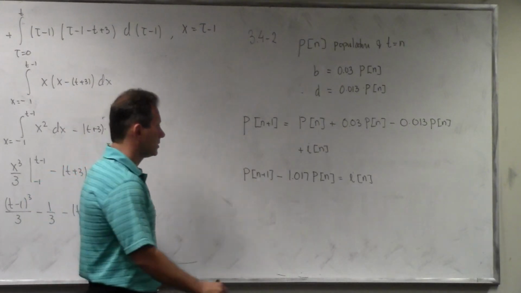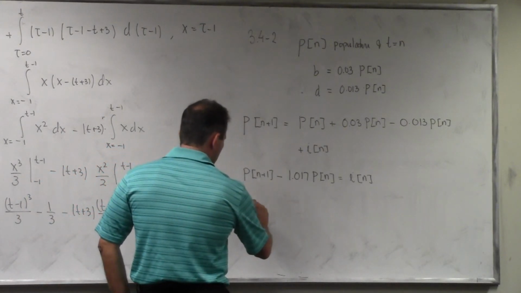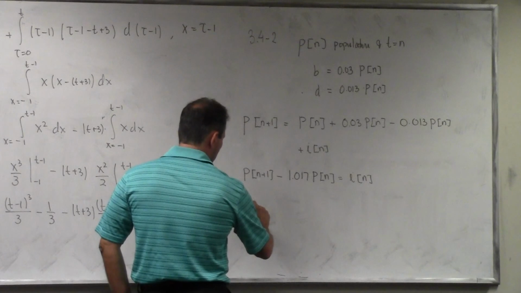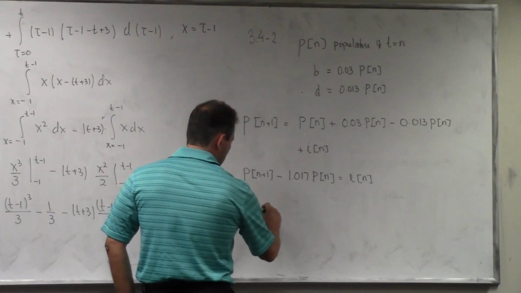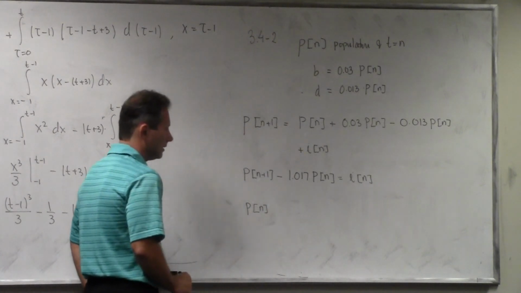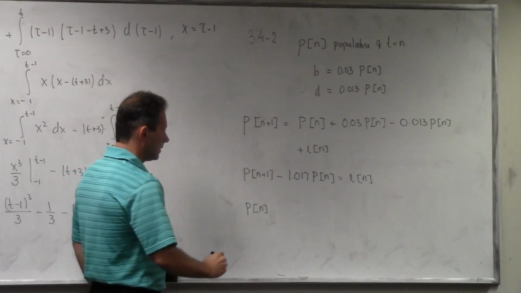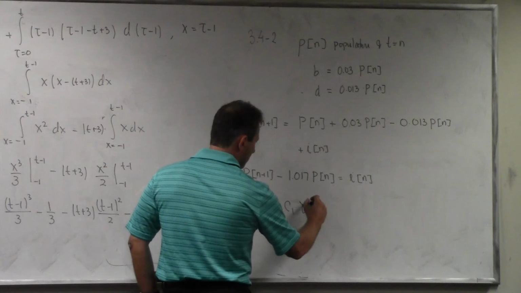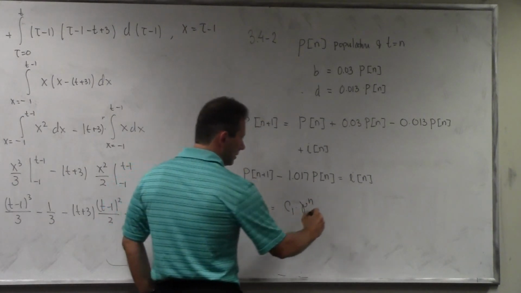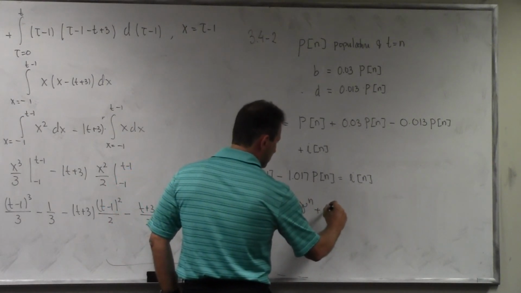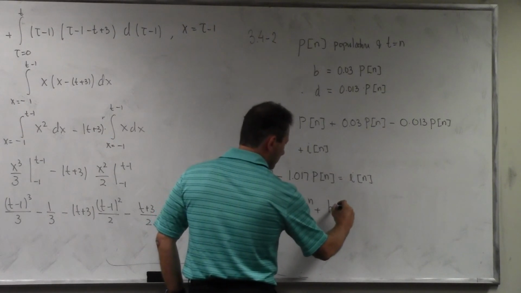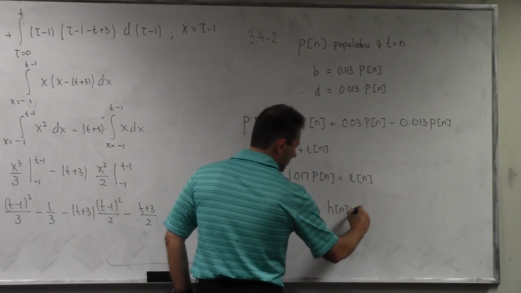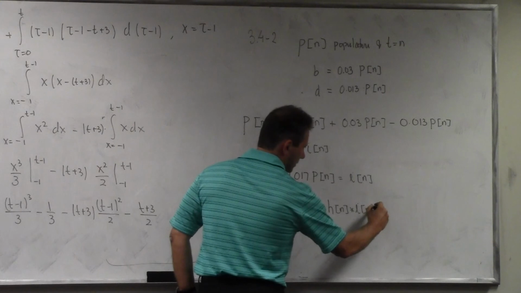So what does the population look like here? I can say the population at any n is going to be C1 times gamma to the power of n, plus the impulse response convolved with I of n.